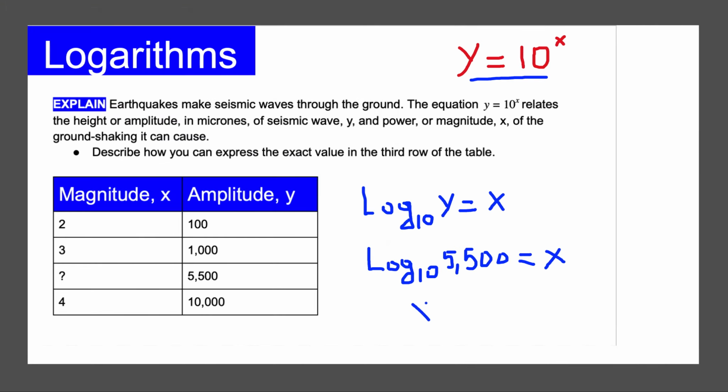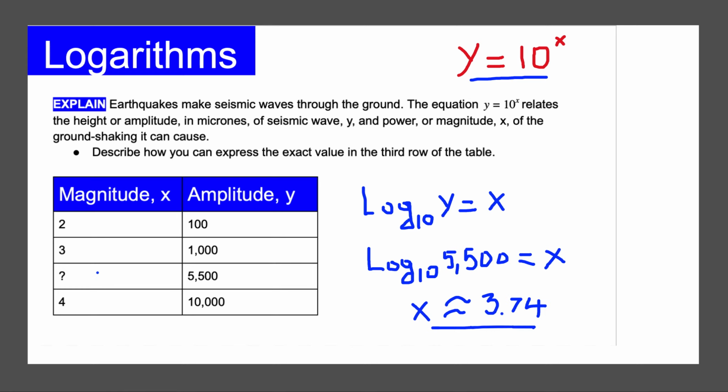So x is approximately 3.74, because there were a lot of other decimals. So we already got it. In the third row, x is going to be equal to 3.74.